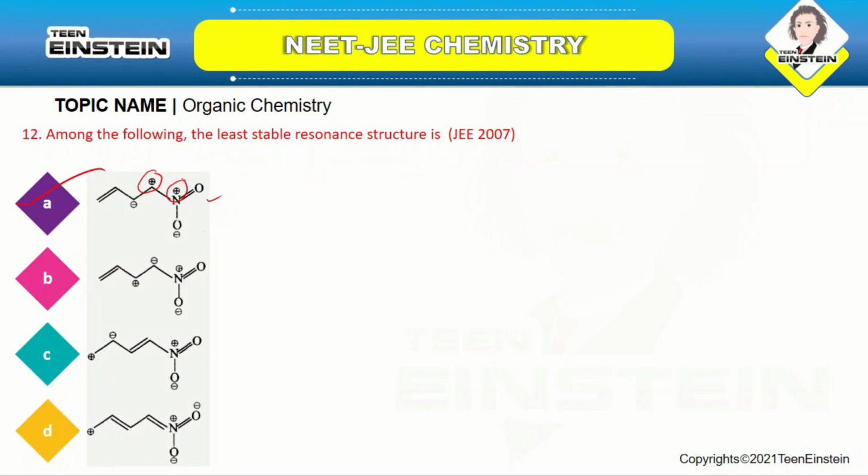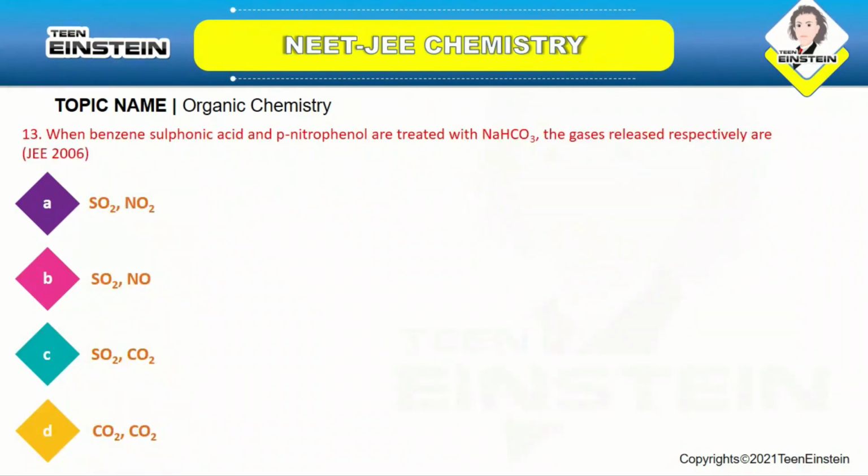Let's move on to the 13th question. When benzene sulfonic acid and para-nitrophenol are treated with sodium bicarbonate, the gases released respectively are. So we need to find out the gases released when benzene sulfonic acid and para-nitrophenol are treated with sodium bicarbonate.